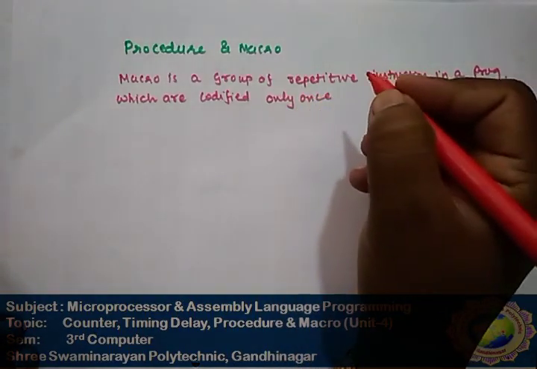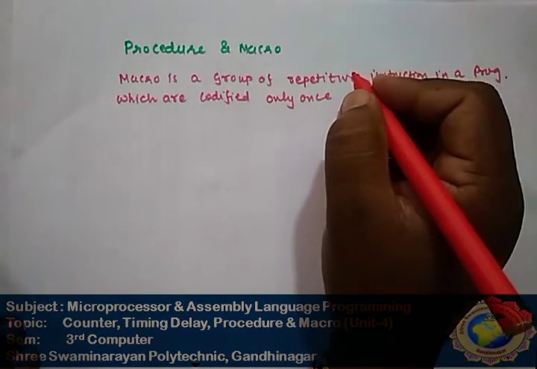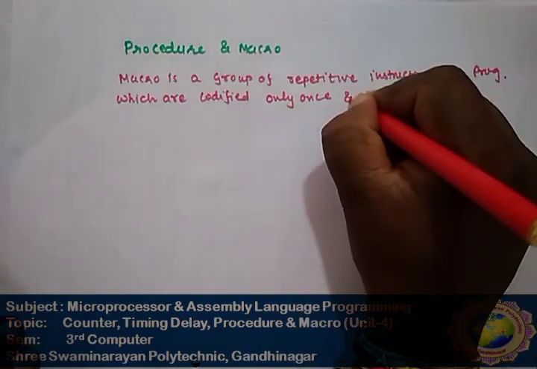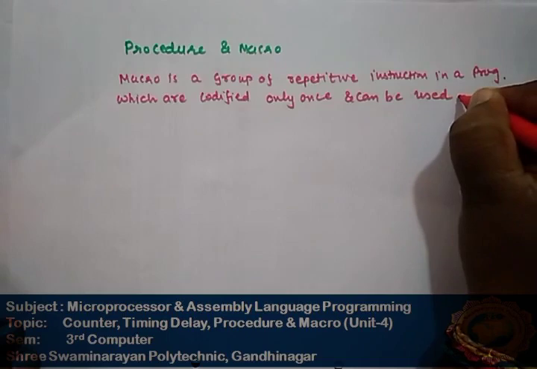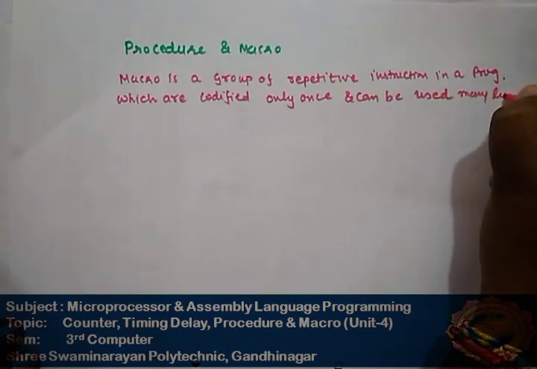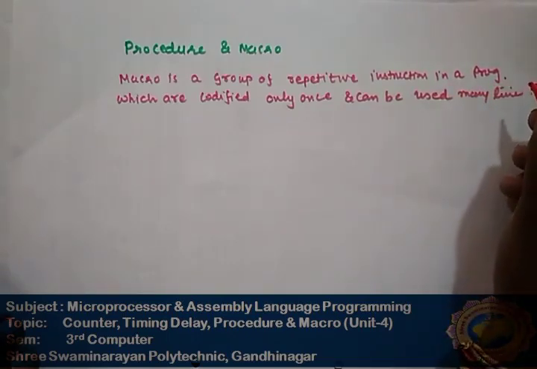(Gujarati) The code is written only once. Okay, so they are codified once and can be used many times. (Gujarati) We can use it many times.